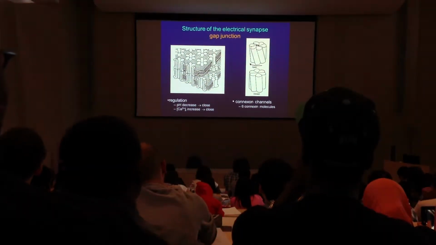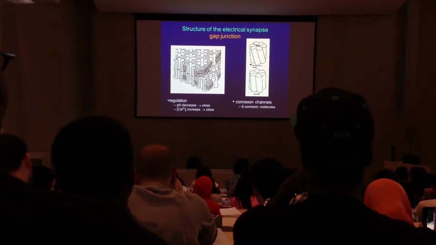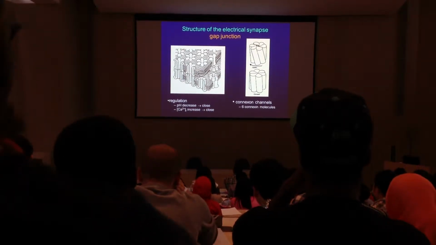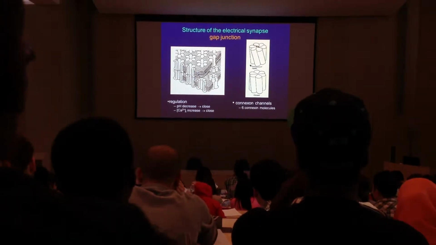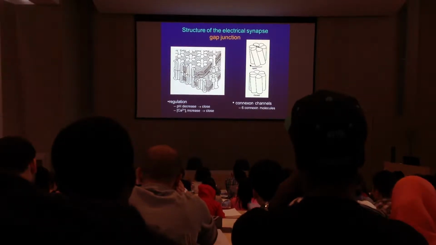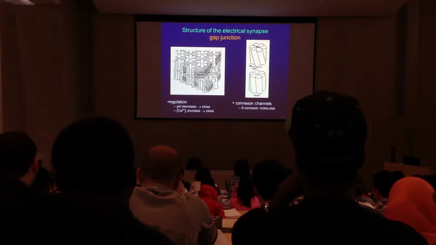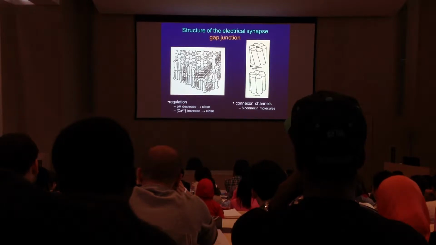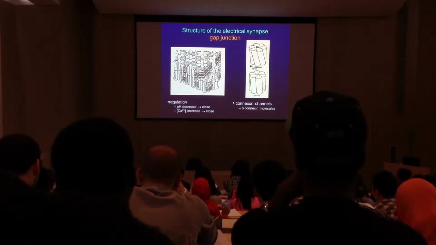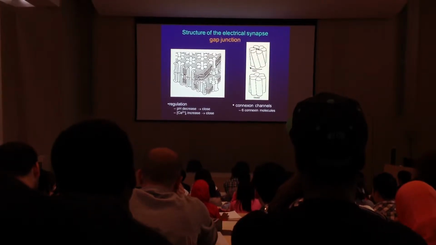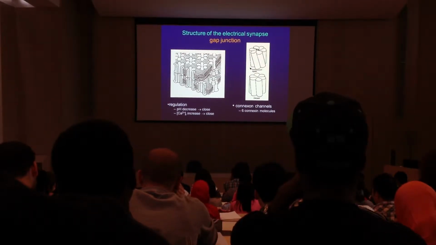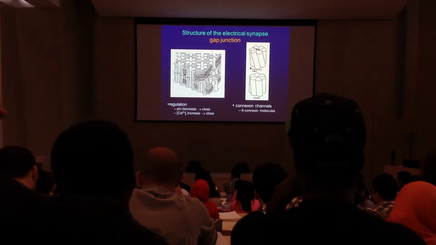So if one blows up an electrical synapse, then this cartoon would like to depict what you would like to see. Unless I say that this drawing is essential to be known, you do not need to be able to draw those back. So for example, please don't attempt to draw the figure on the left.